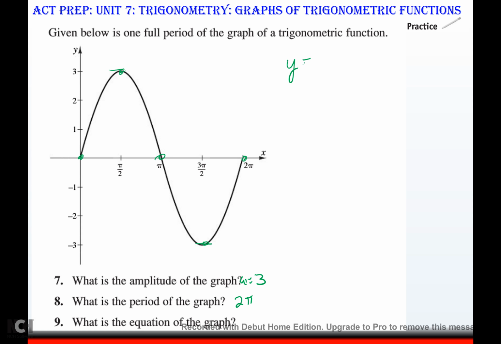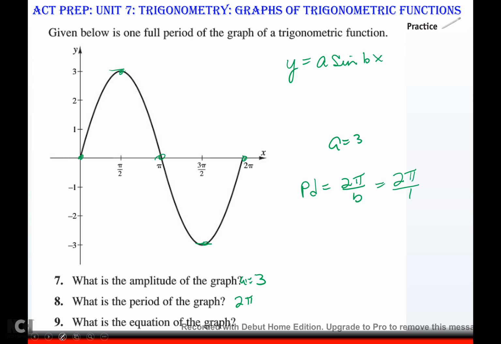Well, your equation for generic sine is A sine bx. Alright, I got my A. I know A is 3, so that's going to go there. Period for sine is 2 pi over b. My b is, well, I know that my period was finished in 2 pi. I can see by the graph.